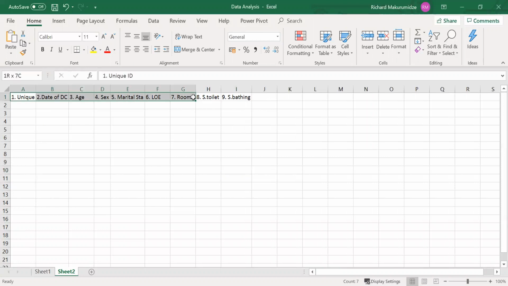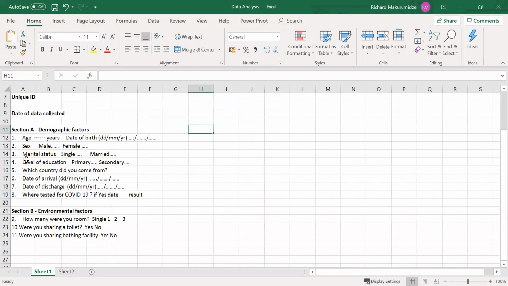So I've created my database with the questions, and it is summarized. I'll then take my questionnaires, the hard copies, and I start entering data from those questionnaires into the database. So I'm just going to assume, as an example, that this is the first questionnaire.